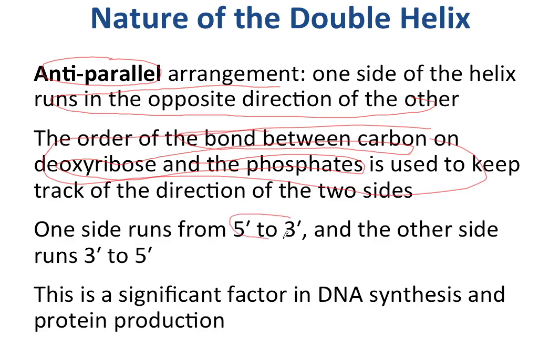For example, here, one is reference five. If we read the two strands from one direction, one is from 5 to 3, another is from 3 to 5, so based on different reading fashions, we can get a different reading.